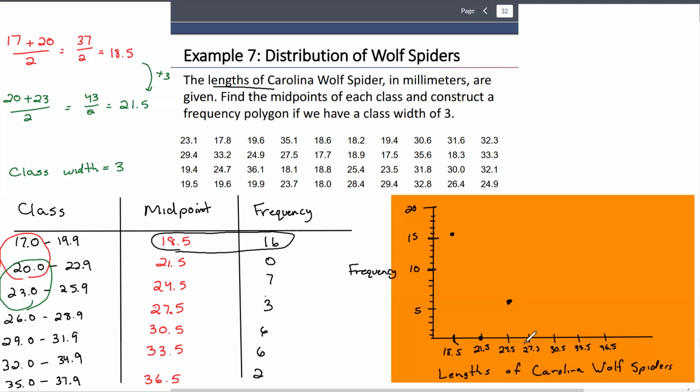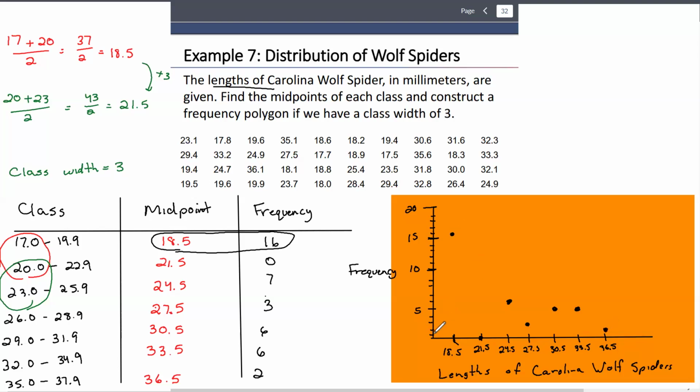I have a hard time seeing that one. 27.5 and 3. So that's about here. Then we have 30.5 and 6. And then 33.5 and 6. And then we've got 36.5 and 2.